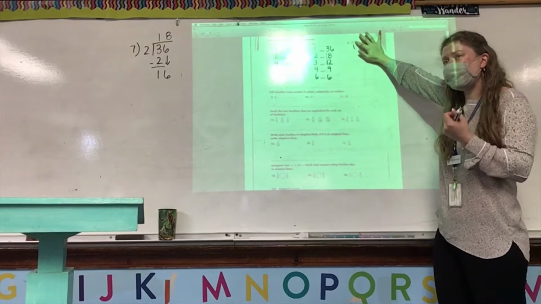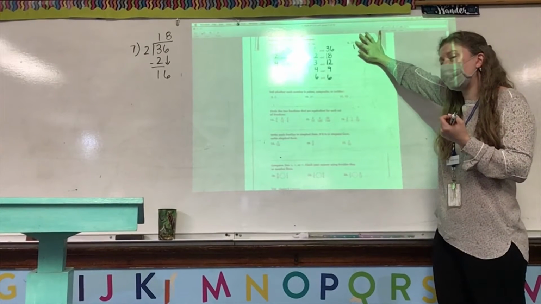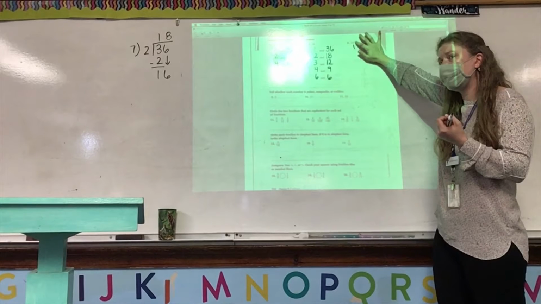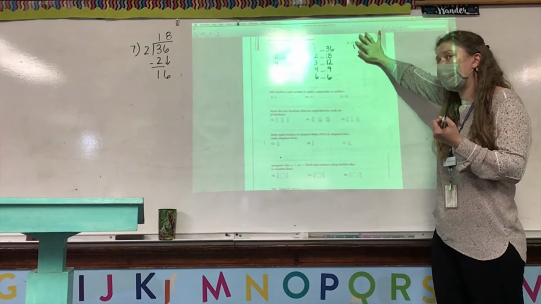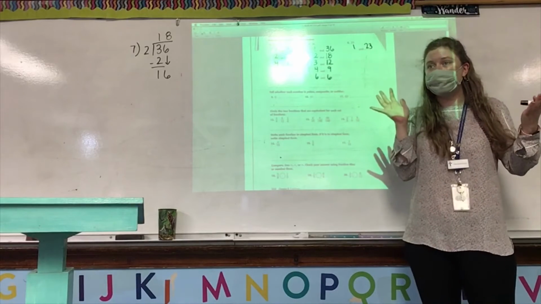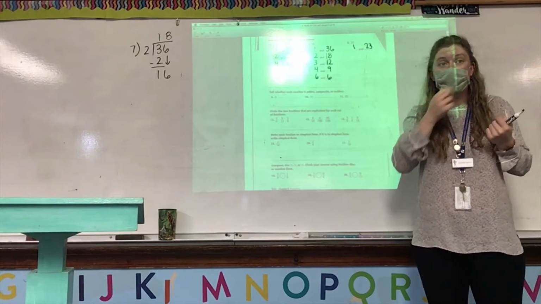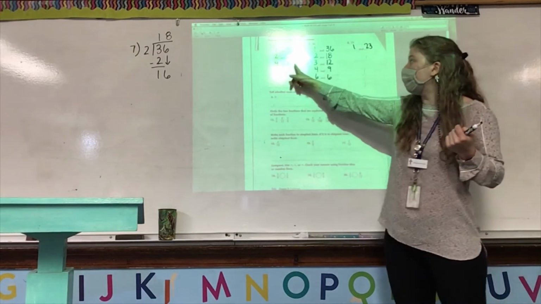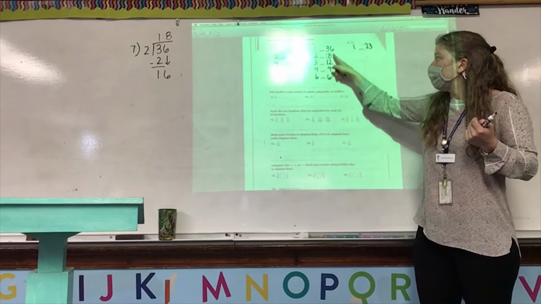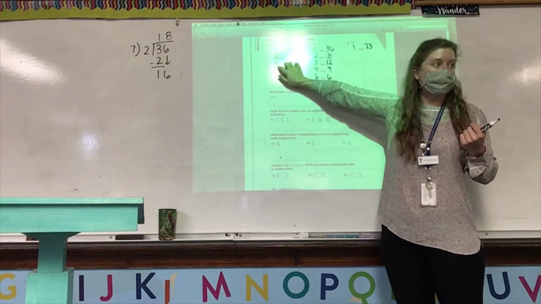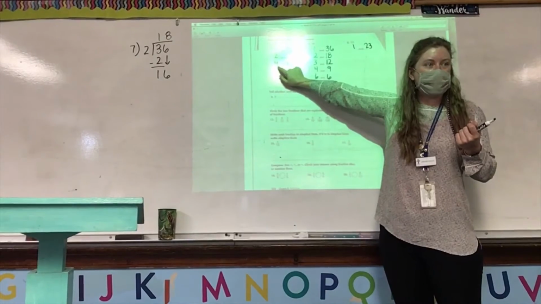No. 6, no. 7, 8, 9, 10, 11, 12, and now we're done with basic facts. We don't have to keep going, because if there's a factor greater than 12, we're going to find it when we test the smaller number.